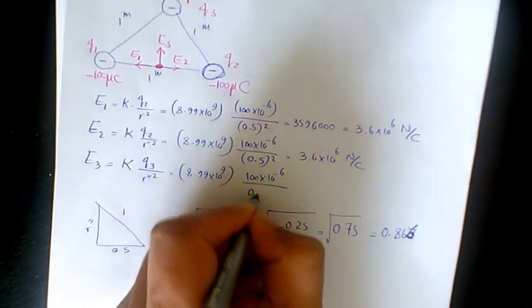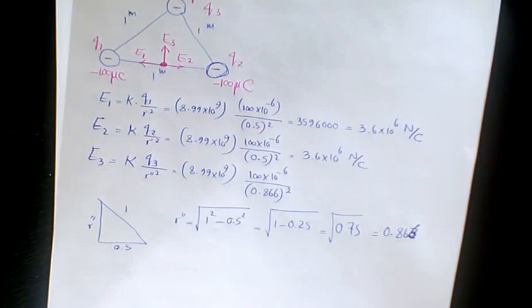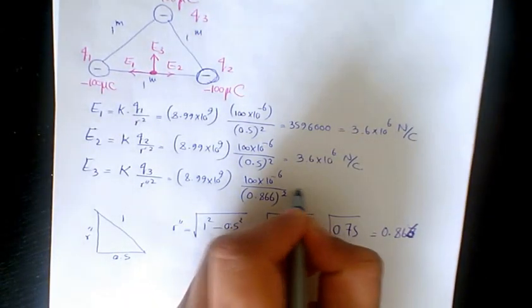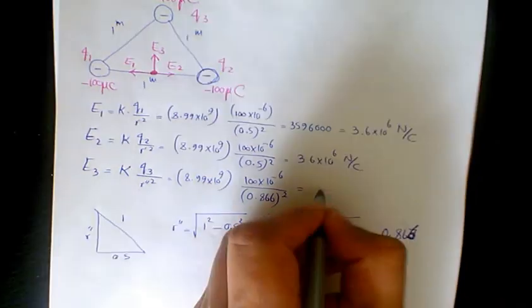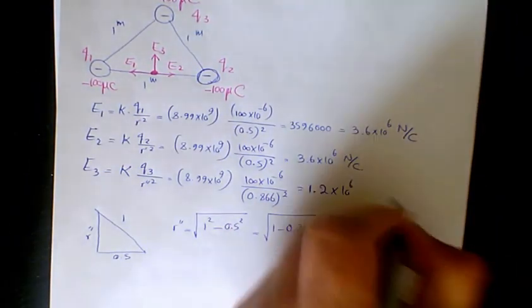So that's going to be 0.866 squared. If we calculate it, it's going to be 8.99 times 10 to the power of 9 times 100 times 10 to the power of negative 6 divided by 0.866 squared. It's going to be 1.2 times 10 to the power of 6.